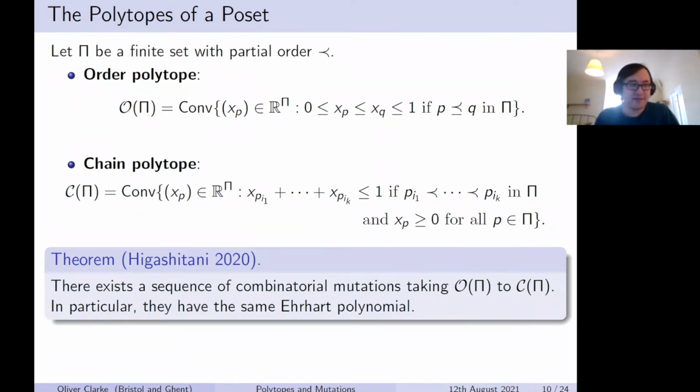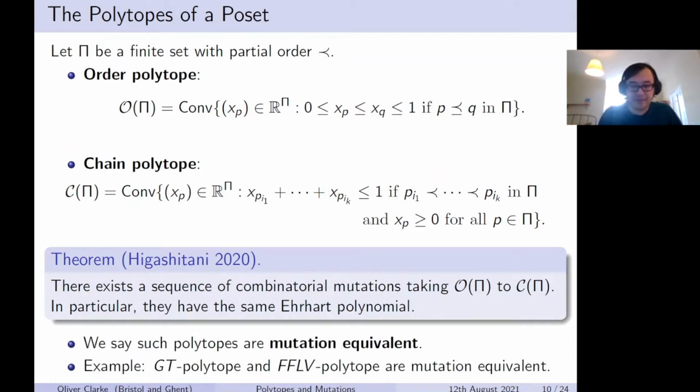So why is this interesting from, say, an algebraic geometry perspective? Well, there are 2 famous examples of order and chain polytopes.